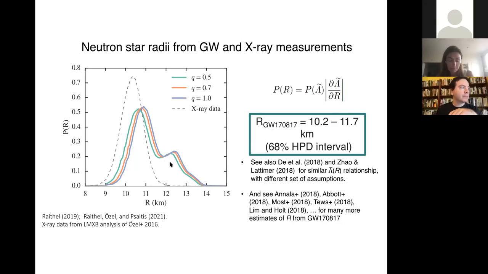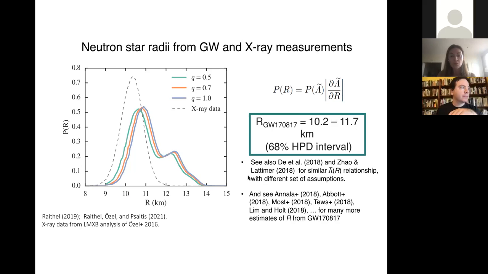These two are in pretty good agreement. The gravitational wave itself gives a highest probability density interval of 10.2 to 11.7. And so these two agree, but there is tension between the gravitational wave result, this one measurement that we have so far, and the NICER results that have been published so far, which find quite a bit larger neutron star radii.